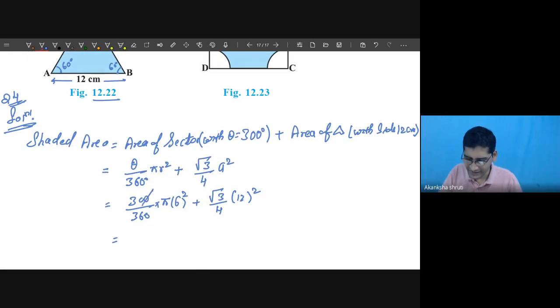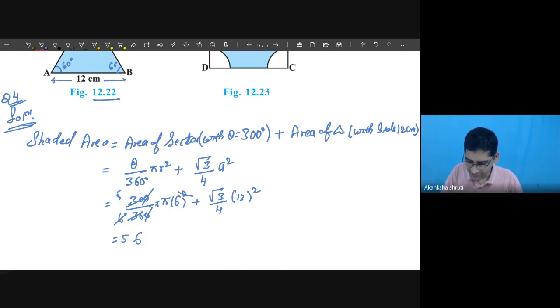It's very easy. 0 can be cancelled, and then 5 times and 6 times. So this 6 can be cancelled with one of this power. So it becomes 6 multiplied by 5 into pi.